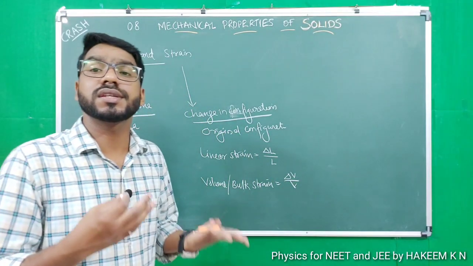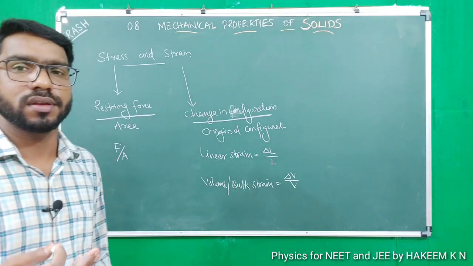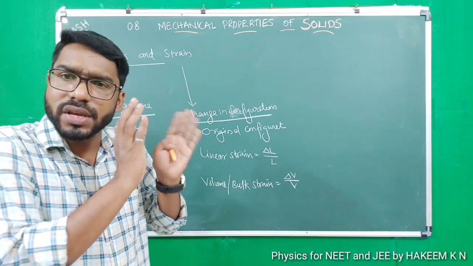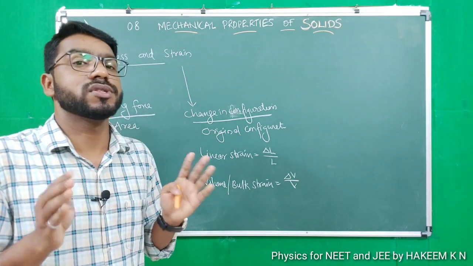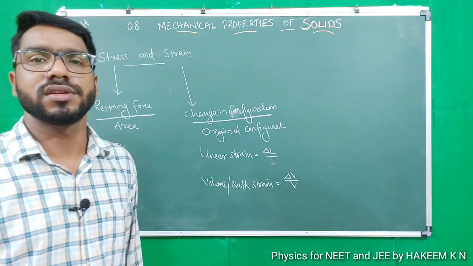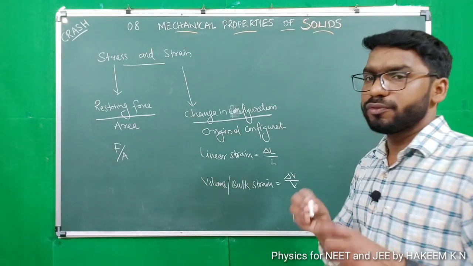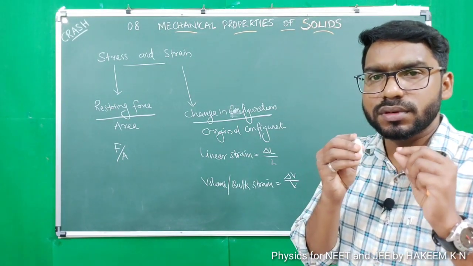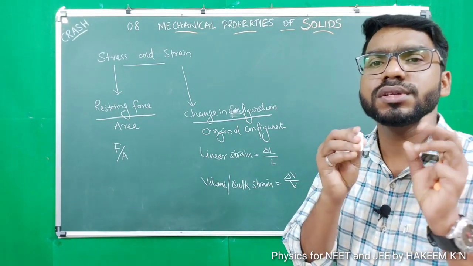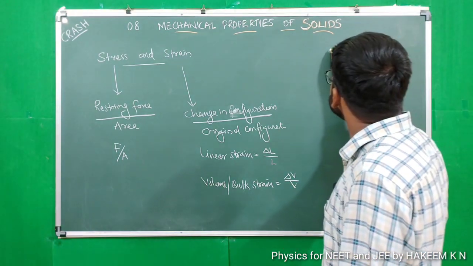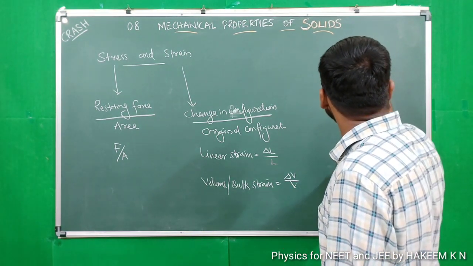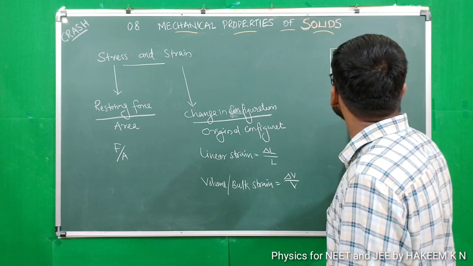And what is shear strain or tangential strain? We can't say change in shape by original shape, because shape is not a physical quantity. So, for tangential strain or shearing strain, there is a special definition that you have to listen carefully here.